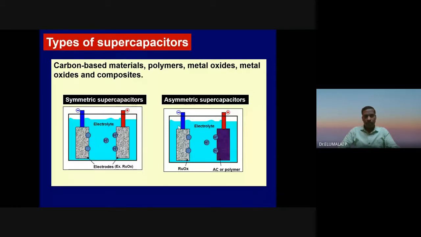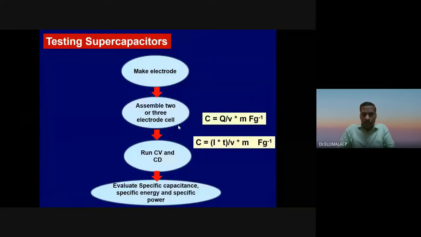Whereas if the electrodes are different, hetero electrodes, then the resultant device is known as an asymmetric supercapacitor. I would say this asymmetric supercapacitor is also known as a hybrid supercapacitor. I think exactly here we stopped in the last class yesterday.